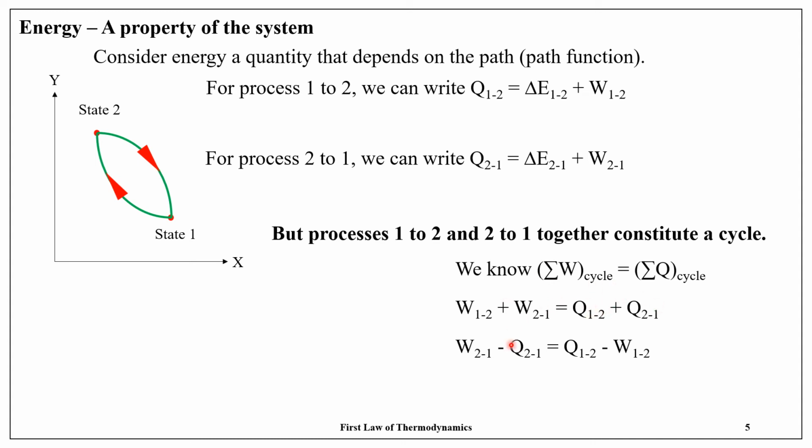This equation can be rearranged like this. Why did we rearrange it like this? Come over here. The equation for process 1 to 2 can be rearranged like this. Similarly, the equation for process 2 to 1 can be rearranged like this. Now compare W21 minus Q21 with this one, and Q12 minus W12 with this one.